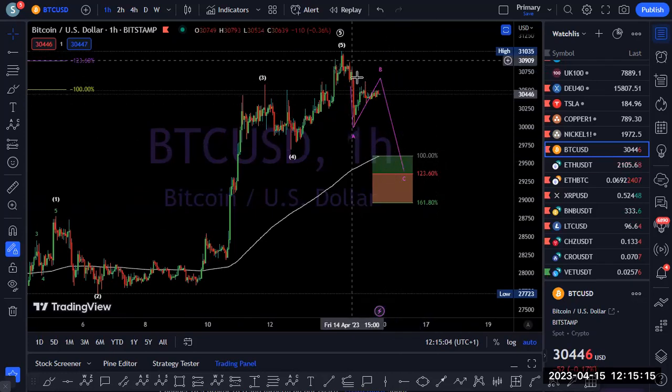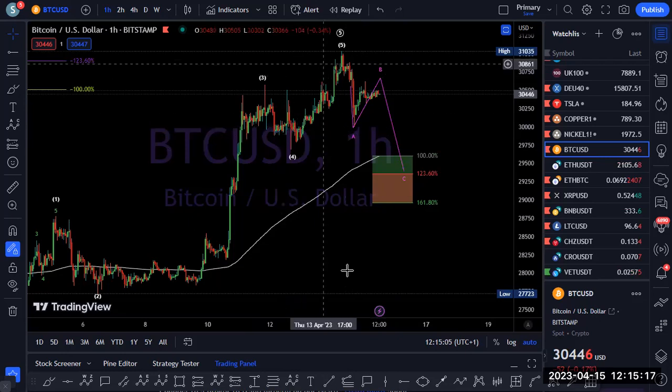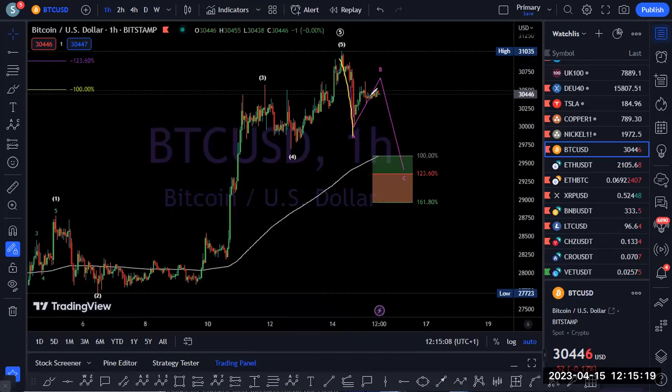I see crypto will either make an A, B, C. The A is complete. The B either has completed here, or it will go a little up to complete. Then it will make C, which will complete around this zone, around 29,500, 29,250, 29,000.